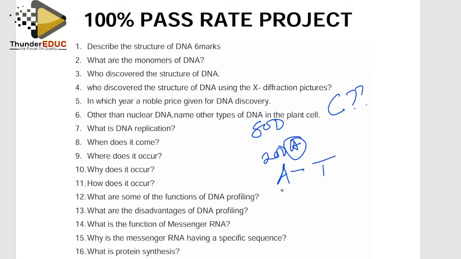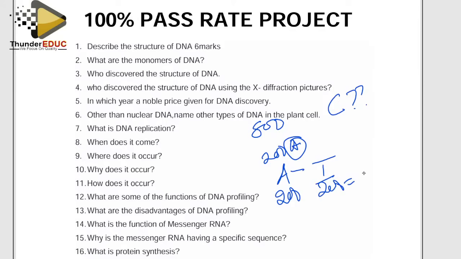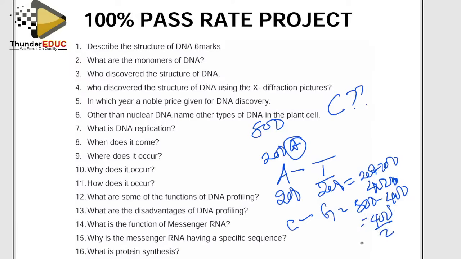Adenine goes with thymine, of which this is 200 and this is 200. When I combine them, 200 plus 200 gives 400, isn't it? So the balance of cytosine and guanine is 800 minus 400, which gives me 400. Divide by 2 so that I get 200 here, also 200 here.